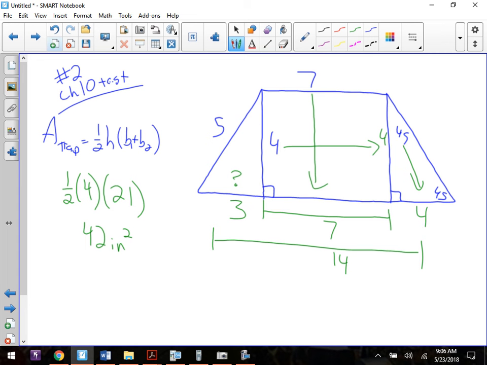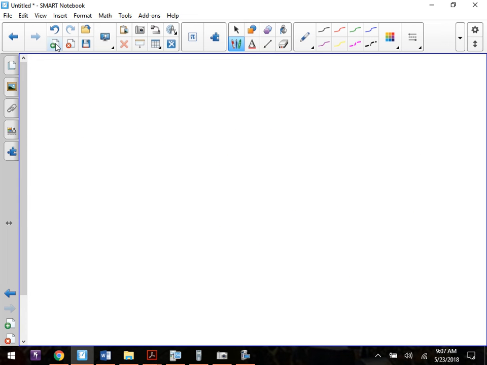Number 3 on that test is exactly like the question we just did in the review packet, where it was a rhombus, and they gave you a diagonal and one side length, and you have to figure out the other side length using the Pythagorean theorem.